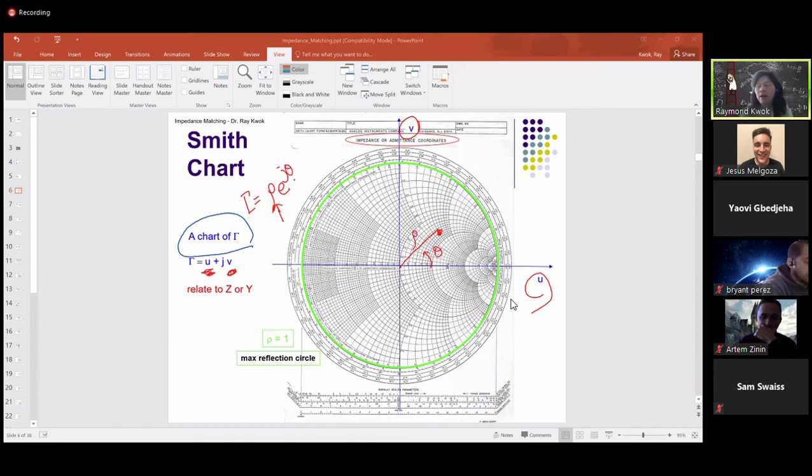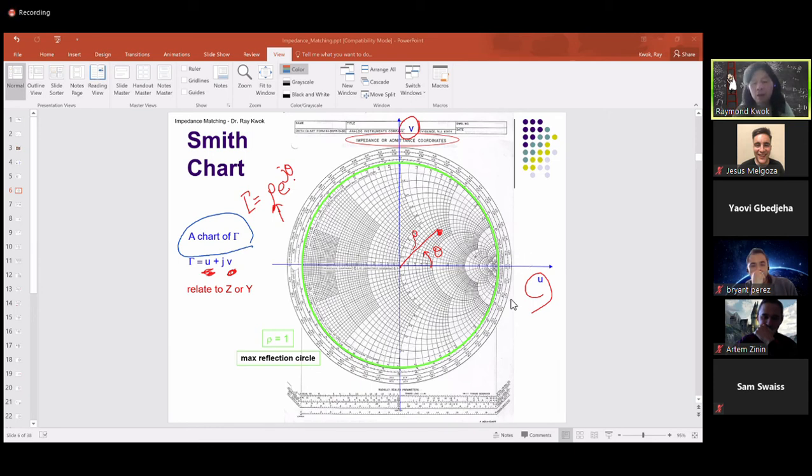So if I know the reflections in polar coordinates, I can also plot it in real and imaginary, in rectangular coordinates. So the polar and rectangular coordinates are all here.